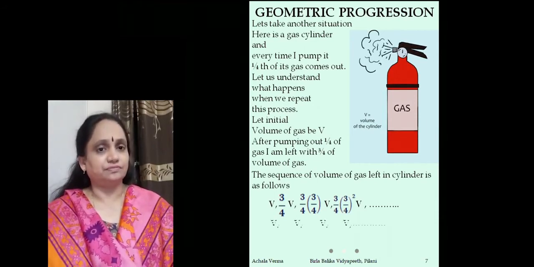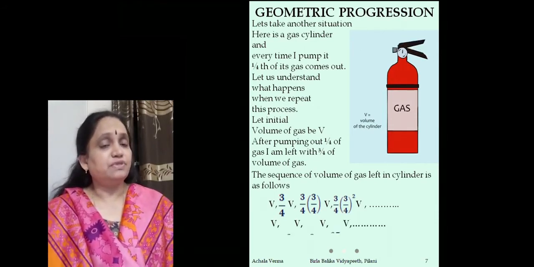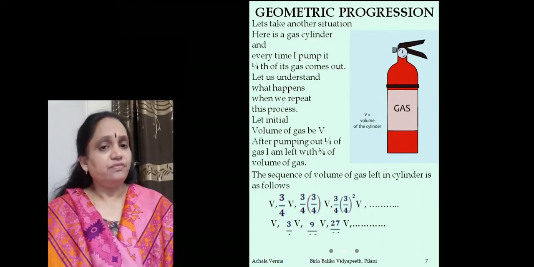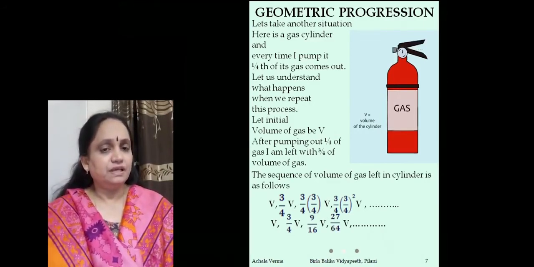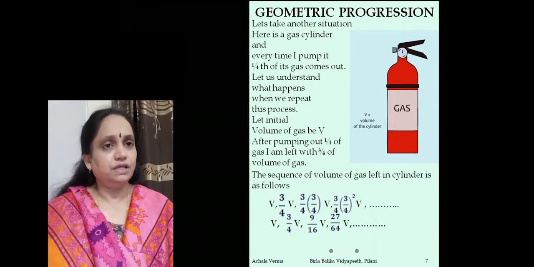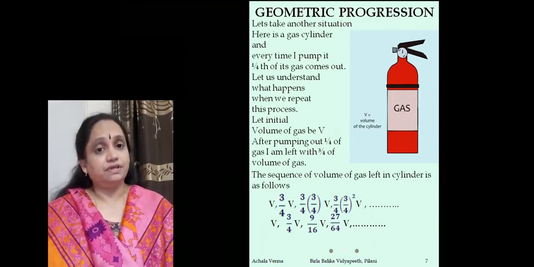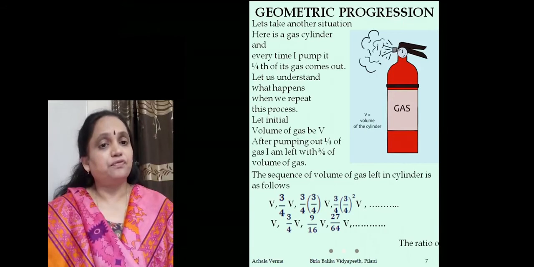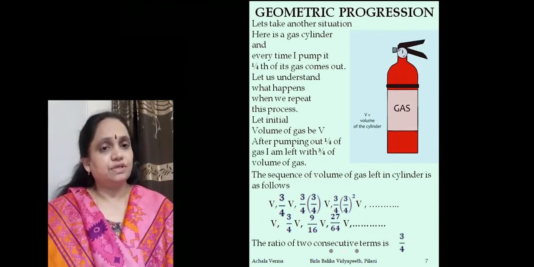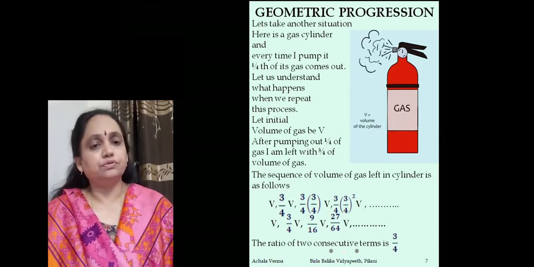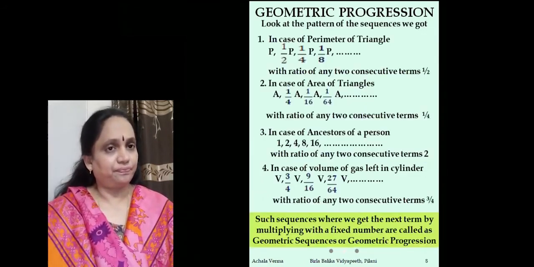Isn't it amazing? Now what do you observe here? Again, you see the terms to be V, 3/4V, 9/16V, 27/64V. The ratio of the consecutive two terms here would be equal to 3/4.